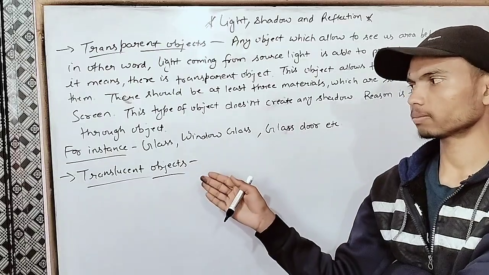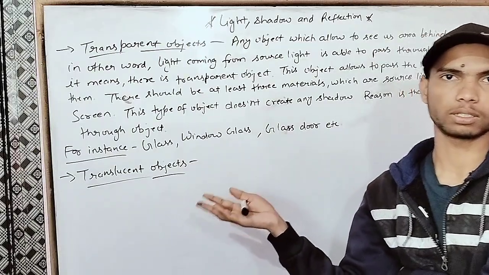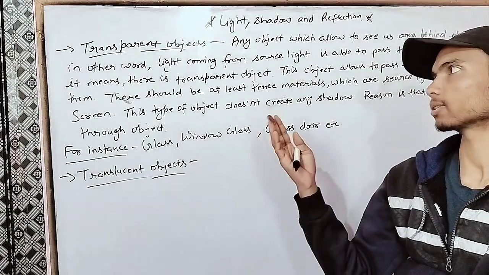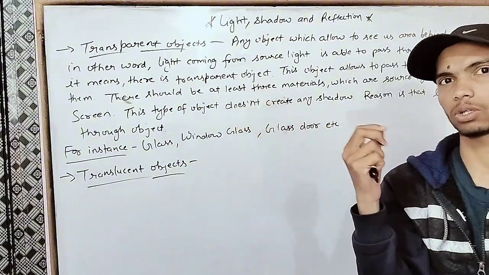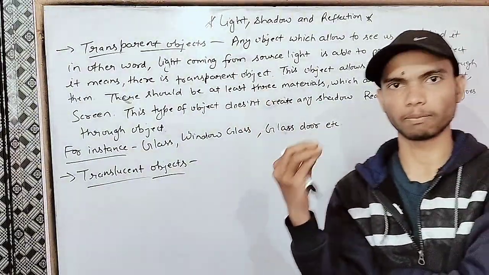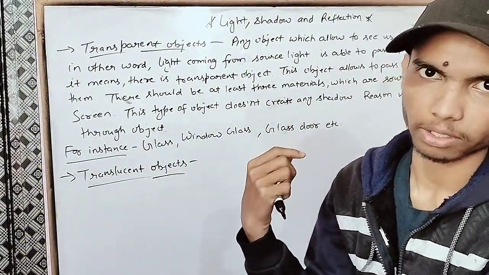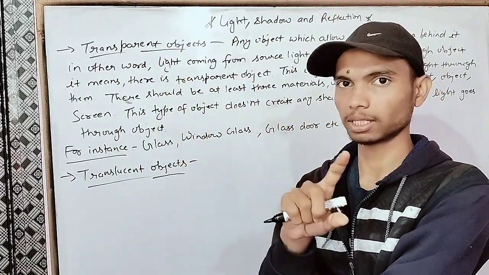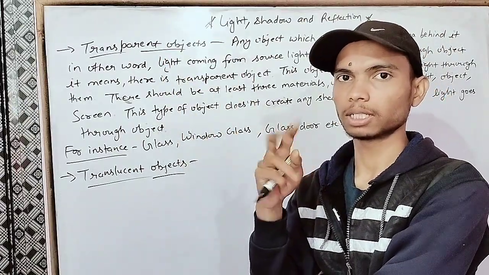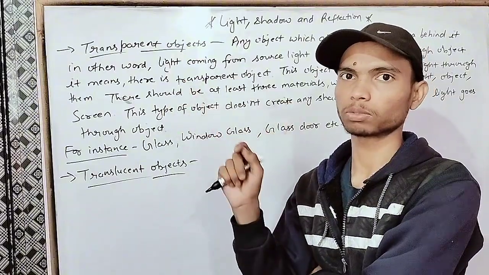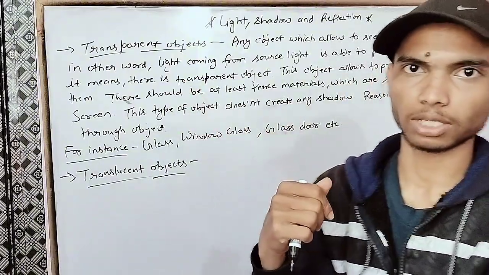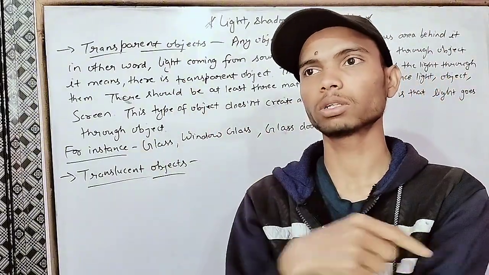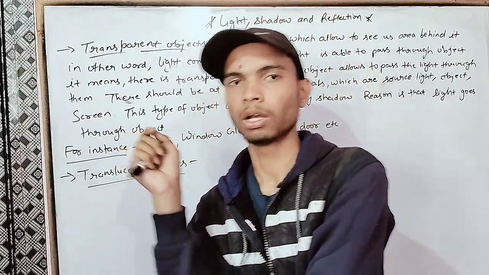Is the meaning of this word the same as compared to the meaning of the previous word? No, there is something different. It allows the light coming from the source light to pass. That's why this type of object doesn't create any shadow, because light is going through the object.